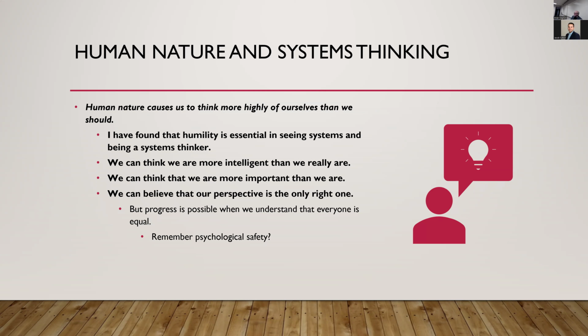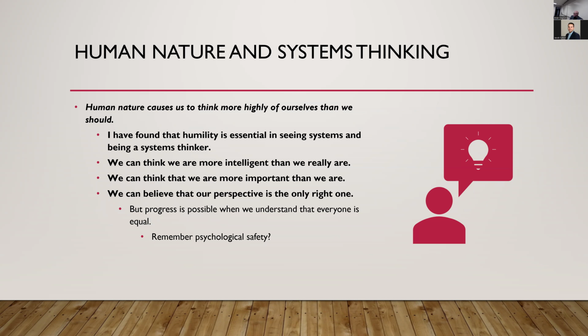Human nature causes us to think more highly of ourselves than we should. I found that humanity essentially, in seeing systems and being a systems thinker, that we can think we're more intelligent than we really are. We can think that we're more important than we are. We can believe that our perspective is the only correct one.